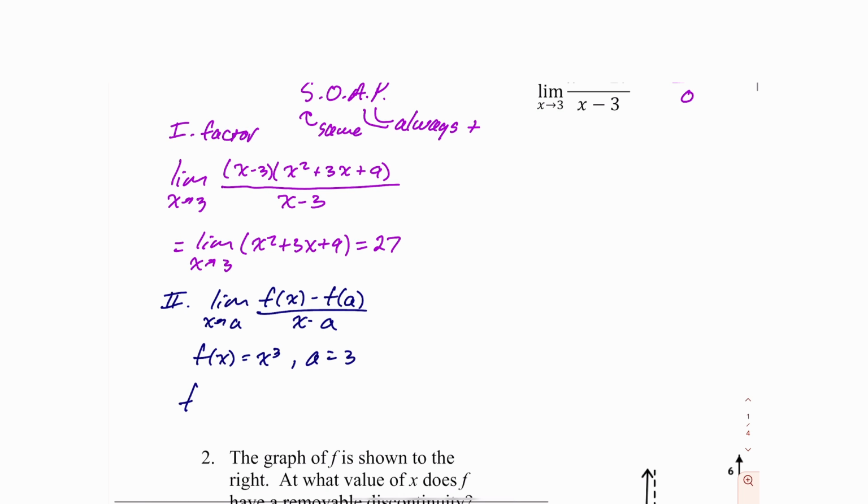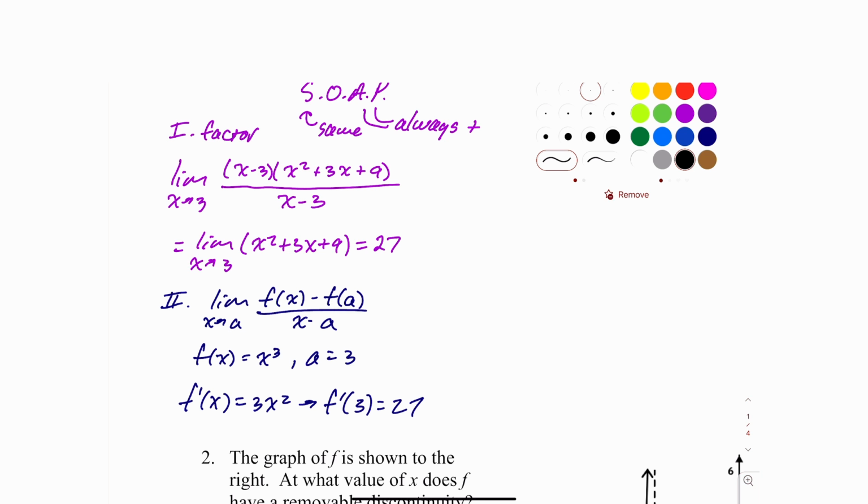So f prime of x is 3x squared. F prime of 3 is 3 times 3 squared, which is 27, which is the same answer, obviously.